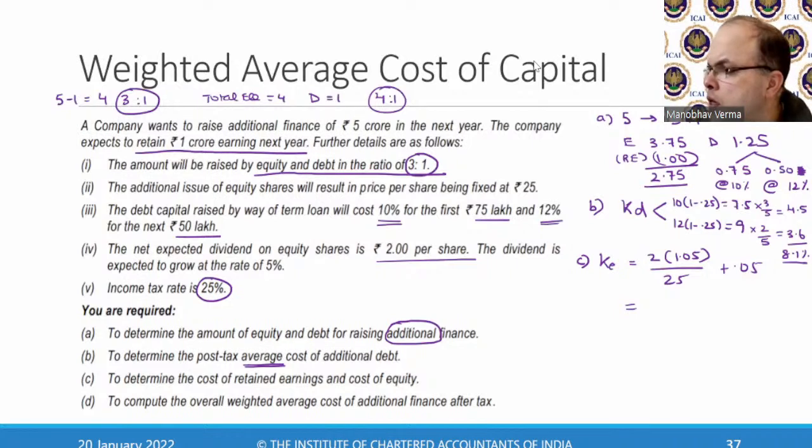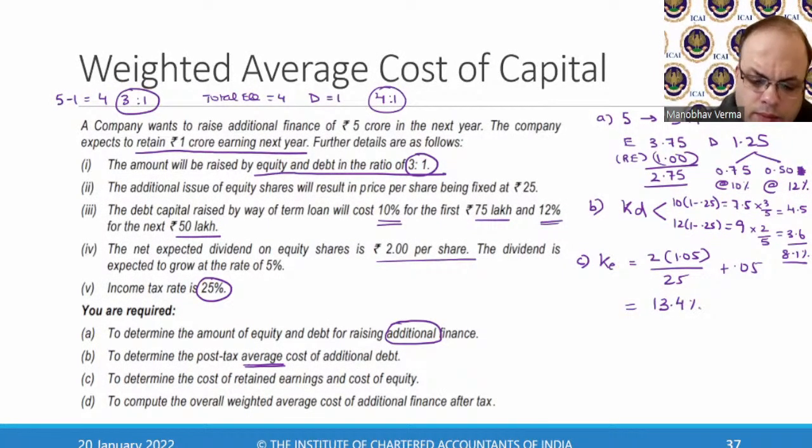I think I am getting 13.4. Yeah, that's okay. Harsh, that's absolutely fine. I just wanted to double check that it was not a typo from my side. Okay, guys, I hope everyone is on the same page till question number C here.